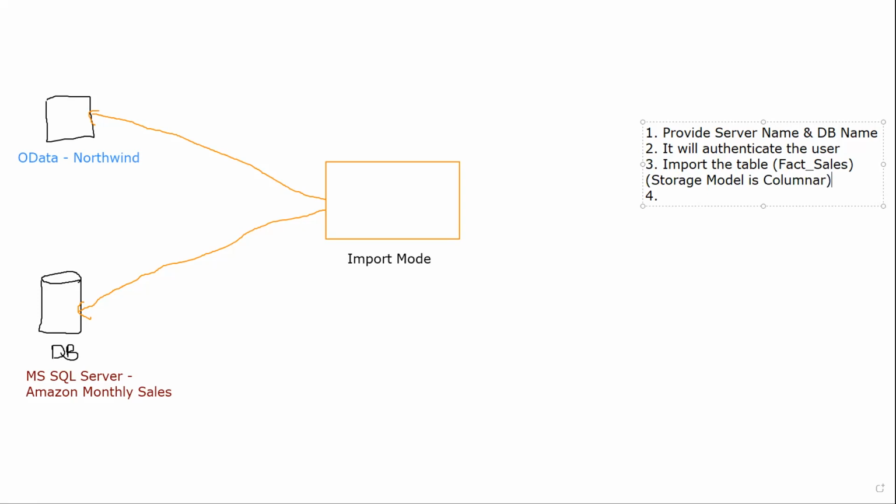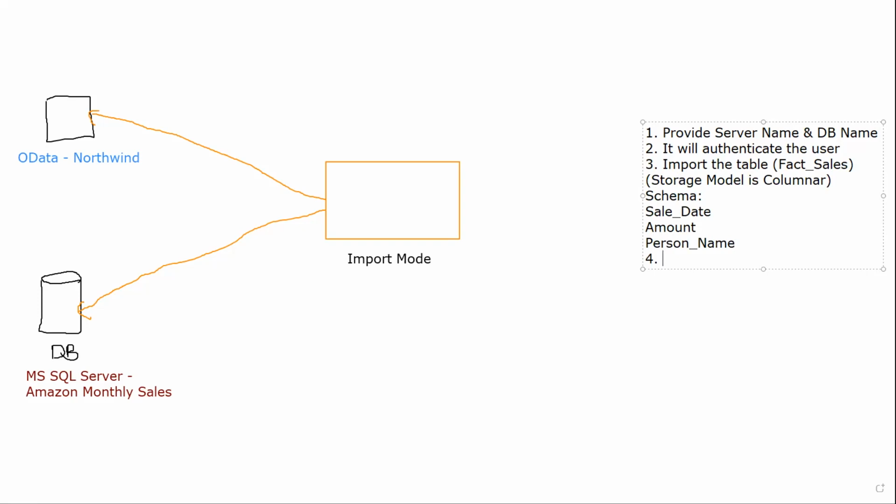So what it means is, let's say we have the schema for fact sales: the sale date, and then the amount, and then the person name.